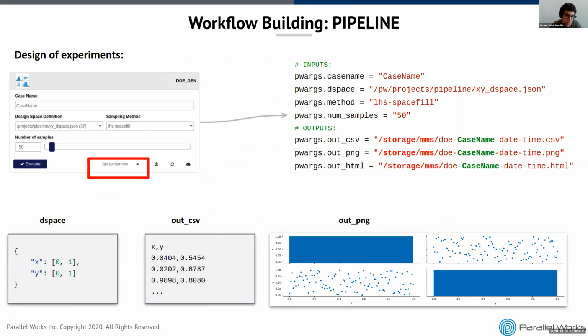The design of experiments workflow takes a design space file defined as a JSON. In this case, it's just the X and Y values from 0 to 1. You will tell it which sampling method you want to use, how many samples you want, and the workflow basically returns a CSV file with all your samples and some other images and HTML files.